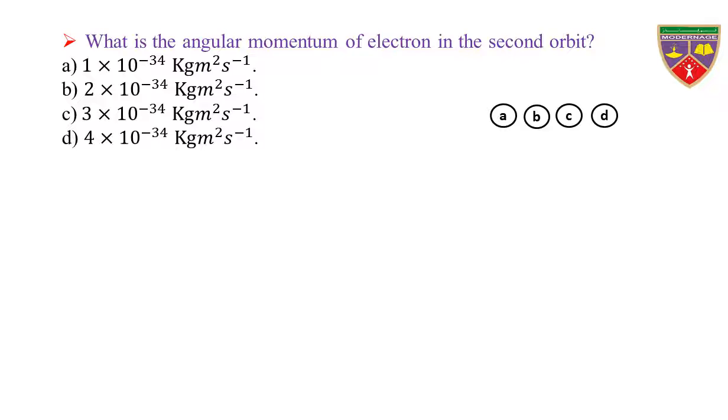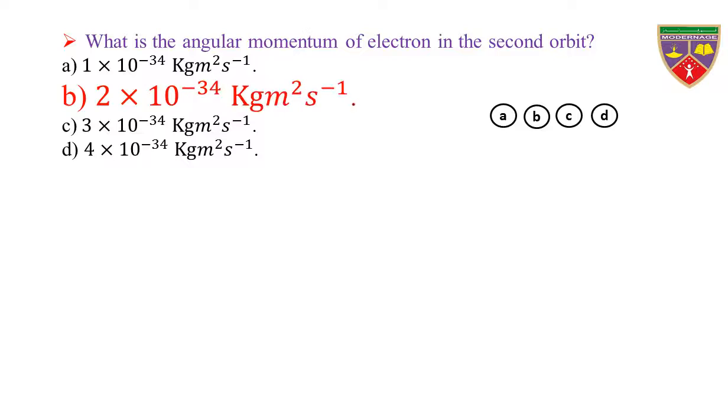Option D, 4 into 10 power minus 34 kilogram meter square per second. The key is 2 into 10 power minus 34 kilogram meter square per second. Therefore, the correct option is B.